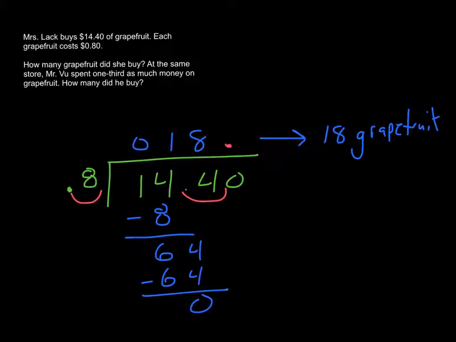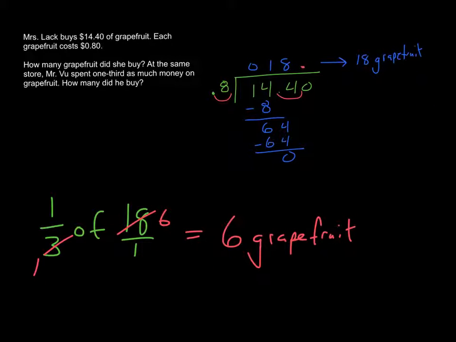If Mrs. Lack bought 18, I can find out how many Mr. Vu bought, if he only spent 1/3 of that amount. Instead of going back and finding 1/3 of $14.40, I can just find 1/3 of the total amount of grapefruit. So 1/3 of 18 grapefruit, I cross-simplified to find out that I have 6 grapefruit that Mr. Vu purchased.